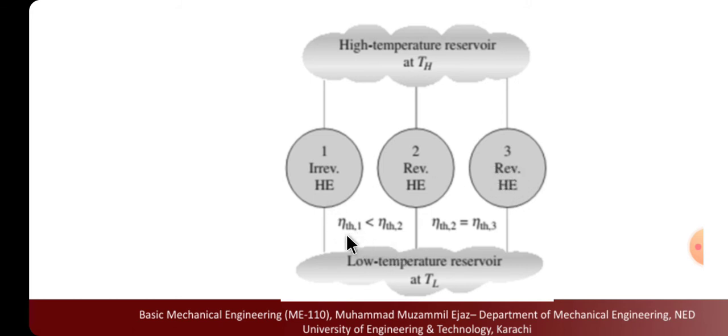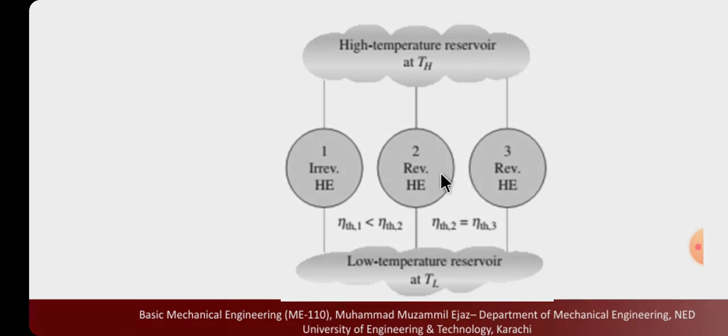Can it be possible that the efficiency of an irreversible cycle is less than a reversible cycle? Yes, it is possible, and it is a fact. The irreversible cycle efficiency is always less than the reversible cycle. But for the irreversible cycle's efficiency to equal the reversible cycle in the practical world is not possible. When the two are equal, we can write them as a reversible cycle.